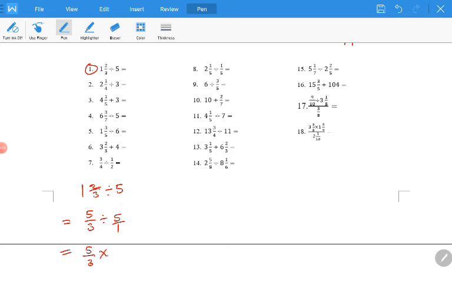Then we convert this fraction to 1/5. So if we change the operation, we then convert this fraction. So here it becomes 5/3 times 1/5. So here our answer, 5 into 5, that's 1. 5 into 5, that's 1. So our answer is 1/3. So the answer here is 1/3.